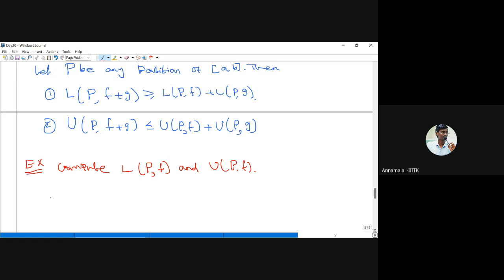So the first problem is the function f of x equal to x square on the closed interval 0, 1 with the partition P is 0, 1 by 4, 2 by 4, 3 by 4, 1. So this is a partition of closed interval 0, 1.